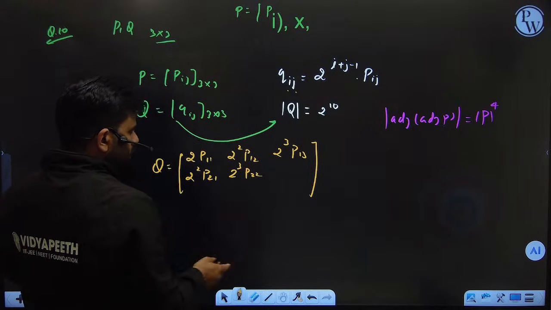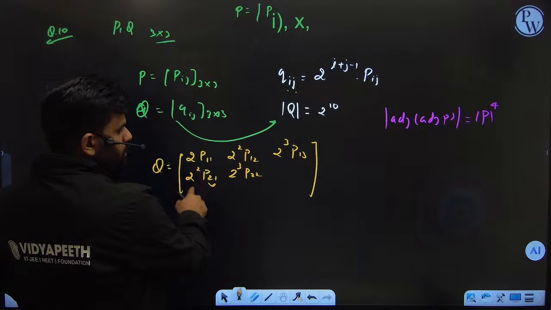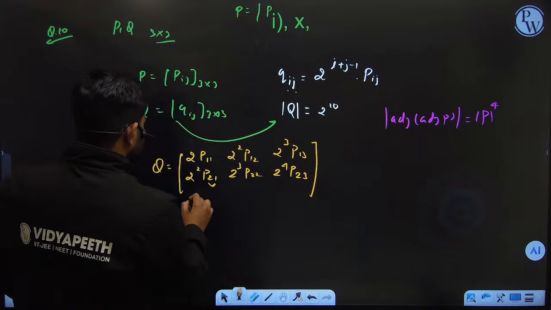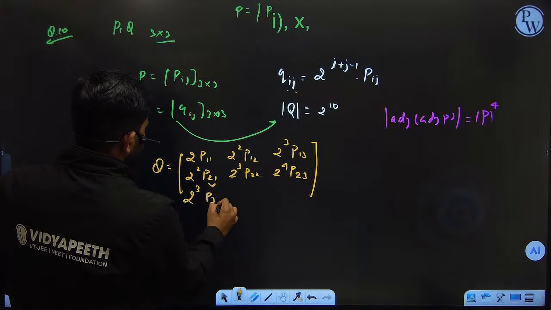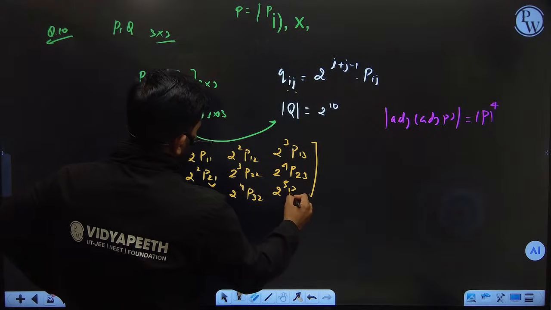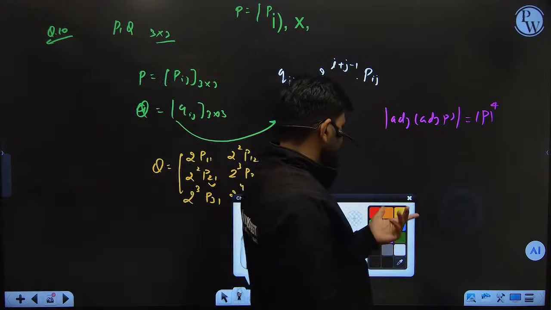What I am doing is adding i and j, and the power of 2 will be 1 less than this. Then 2 power 4 P23, 2 power 3 P31, 2 power 4 P32, 2 power 5 P33. I hope you understand the pattern.